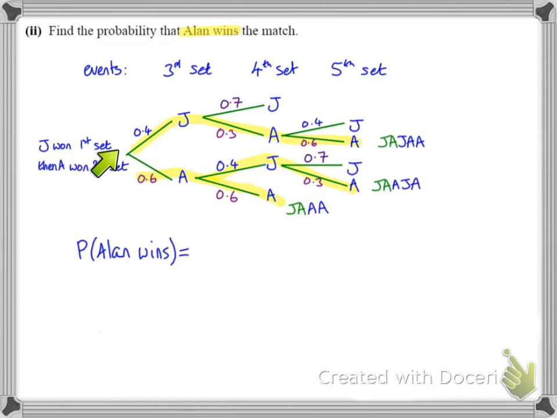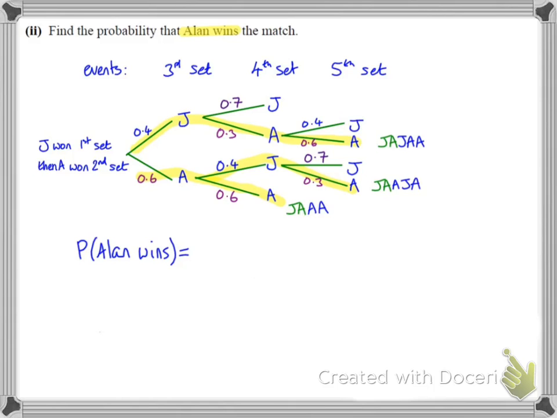Or we could follow the branch where Alan wins, he's already won 1, remember here, and another 2, that would straight away get him to win with his 3, or we could have the 1 to begin with, another 1, then Jimmy, then Alan again. The other branches Alan wouldn't win because Jimmy would end up getting the 3 sets before Alan does.